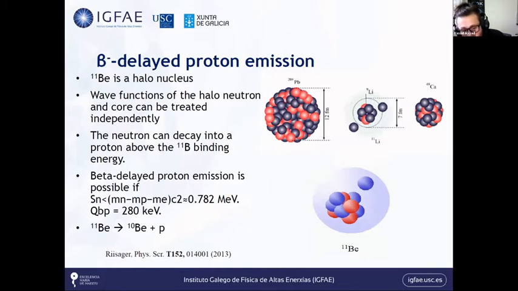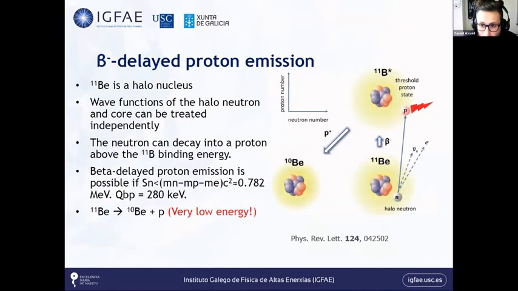And that also means that the Q of this beta-delayed proton emission channel is quite low. It's narrow, of the order of 280 keV. So that means we would expect protons of at most an energy of 280 keV. And this would be the cartoon depicting what we would expect to happen here.